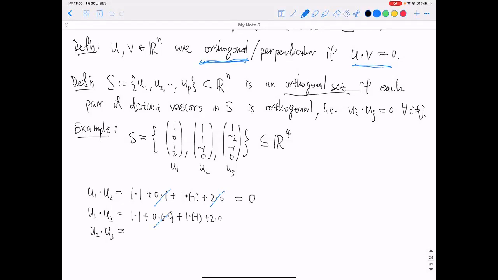You're still looking at 0 here and 0 there and 1 minus 1, so still 0. Very good. So for U2.U3, 1 times 0, 1 times minus 2, minus 1 times minus 1, 2 times 0. So you still get a 0 here. Then you have 1 and minus 2, so that's a 0. Fine, so orthogonal.